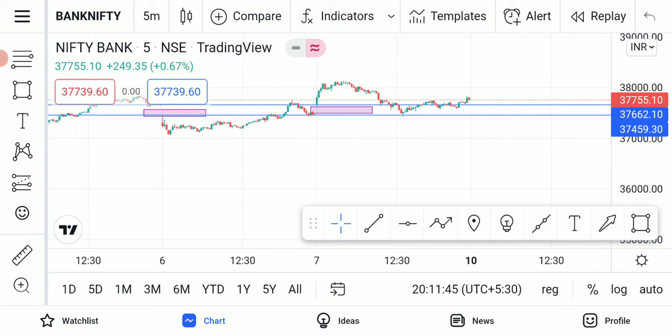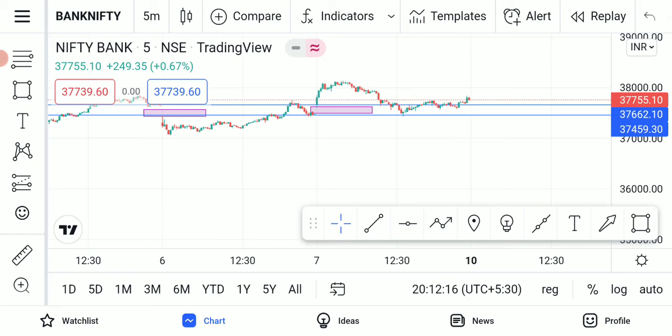One more thing I want to say: the biggest mistake we make is, as I said, we took a put option at the resistance level, and it is pulling back. You guys think it will pull back further and we will get more money, but never do that, because the price gap was there.